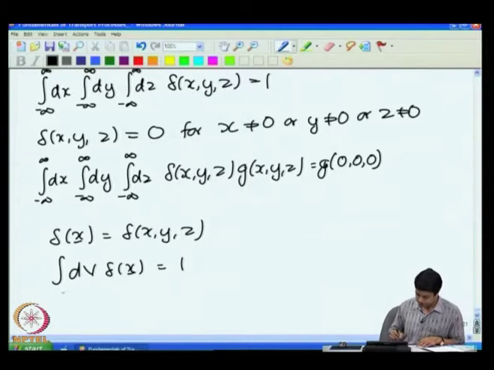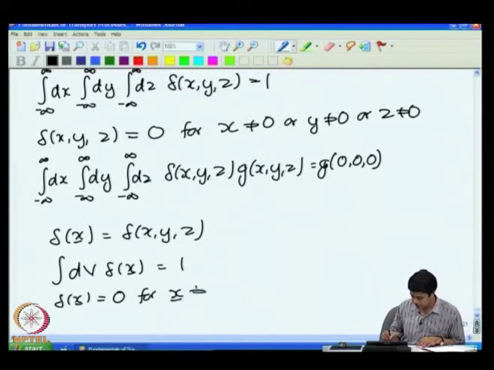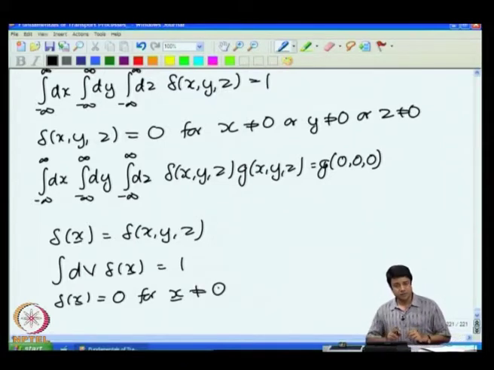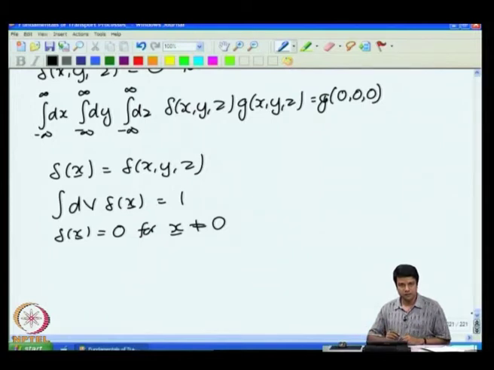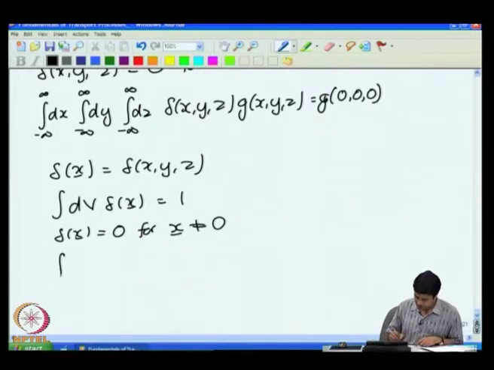And delta of x is equal to 0 for x not equal to 0, because the vector will be 0 only if all of its 3 components are equal to 0. So, delta of x is equal to 0 for x not equal to 0. Integral over the volume of delta of x g of x, where g is some function of the vector, is equal to g of 0.